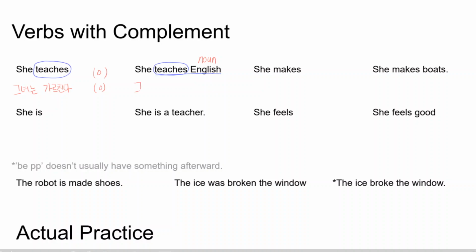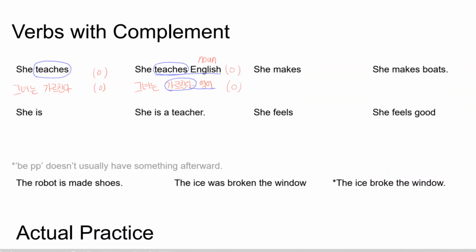It means 그녀는 가르친다 영어. 그녀는 영어를 가르친다. So in English, the verb and a complement are very well connected. It cannot be disconnected. It cannot be separated. Okay? Alright. So 그녀는 가르친다 영어. Does this make sense? Yes, it makes perfect sense. It's a correct sentence.